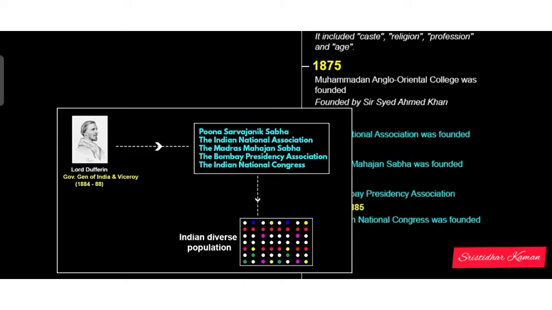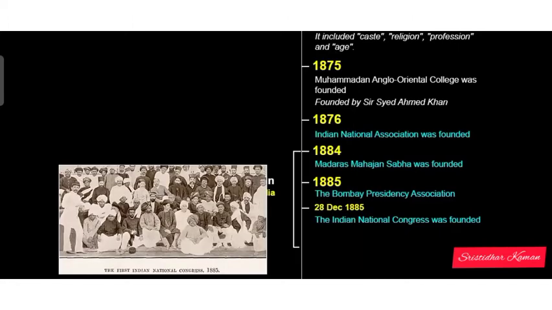And on the other hand, the British viewed these social groups as a gateway that would help them gain support from all communities in India. At least it would create an illusion among the people of India that their interests are being heard by the British through these social groups. In fact, one of the founding members of the Indian National Congress was a British civil servant named Alan Octavian Hume.